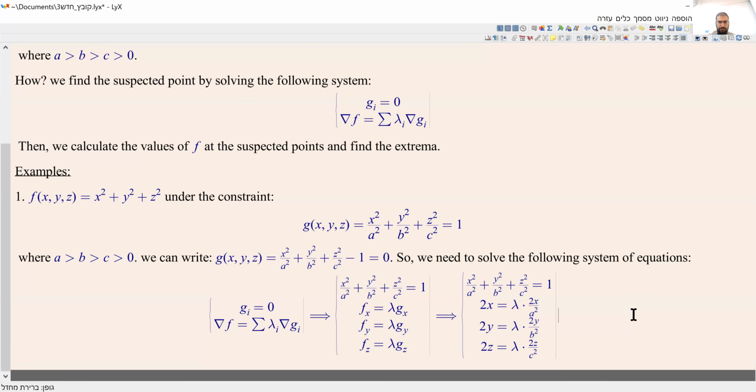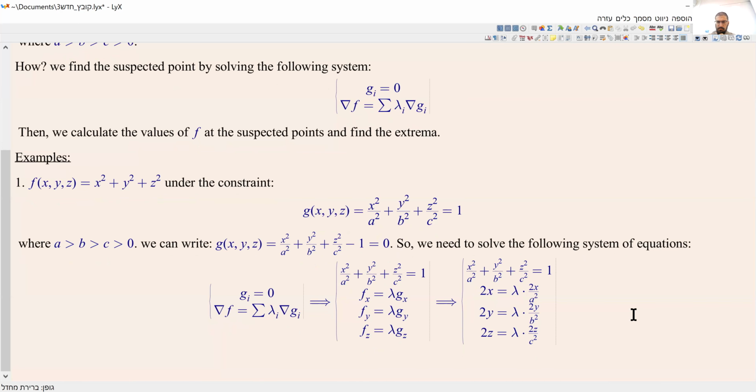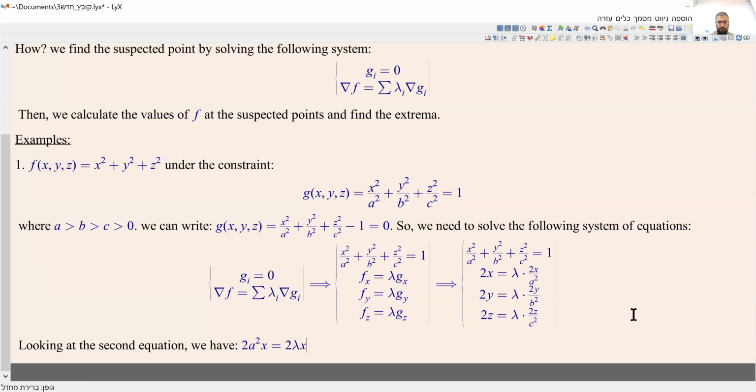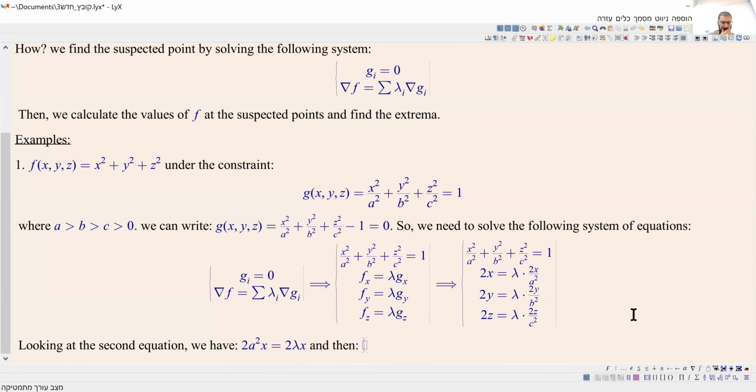Then we can write it down. Looking at the second equation, we have 2x over a squared equals 2 lambda x. Divide everything by 2 and move it to the other side.